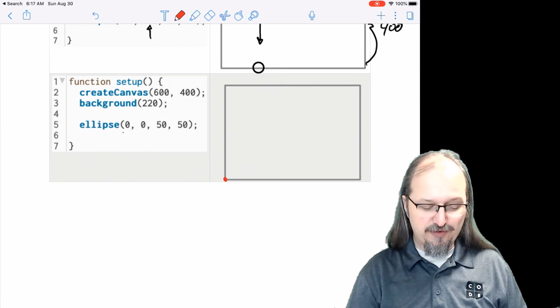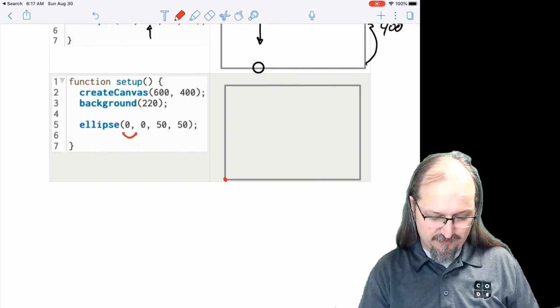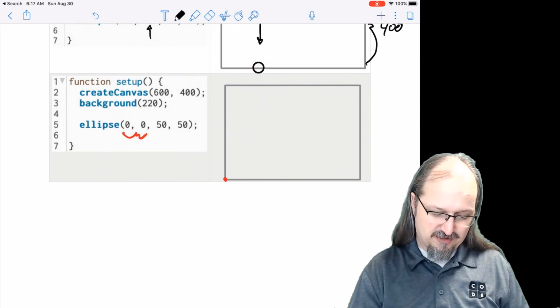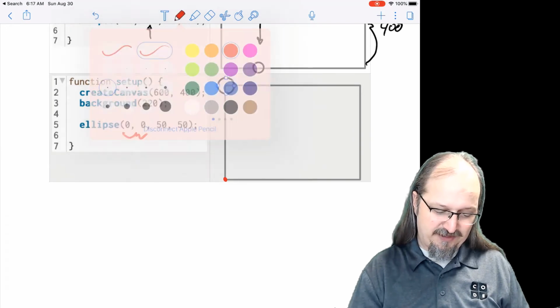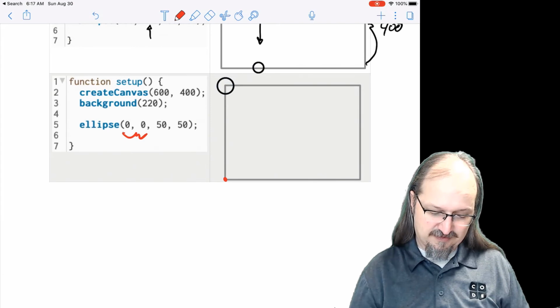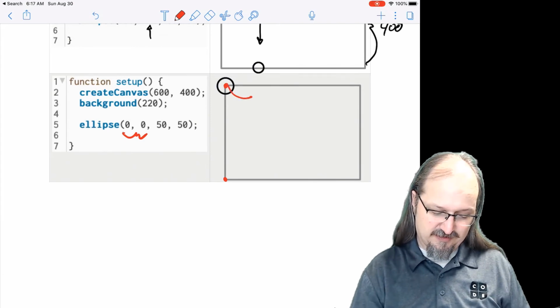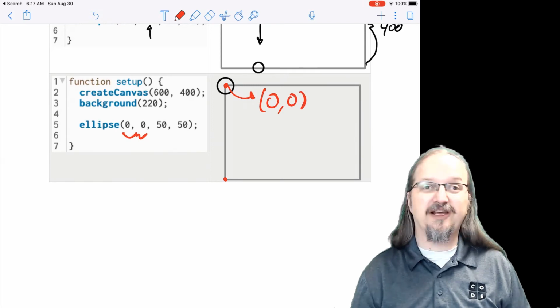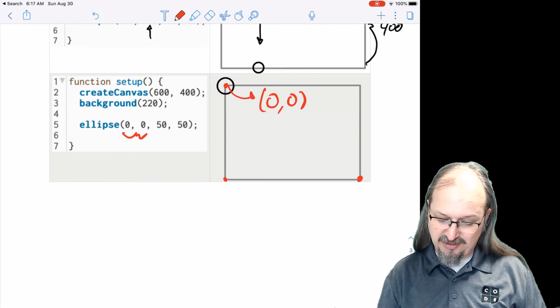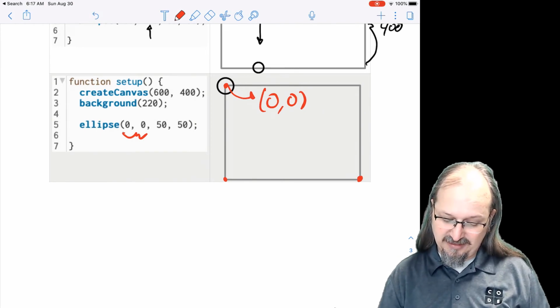However, when we drew this one and we said 0, 0, it's not where it drew the circle. It drew the circle up here. So in p5.js, this right here is coordinates 0, 0 in our xy coordinate plane. And then this point down here is really however wide the canvas is.